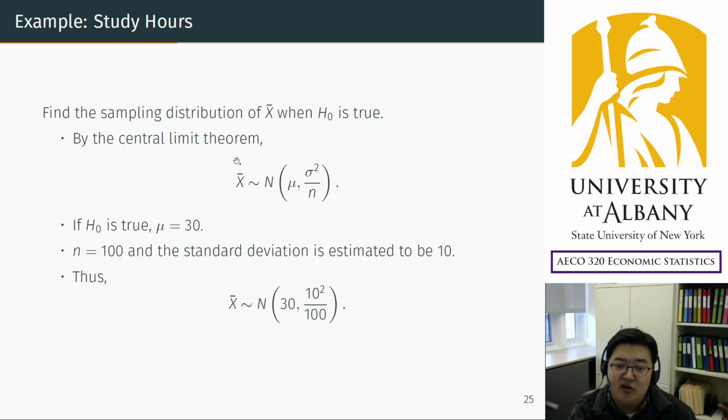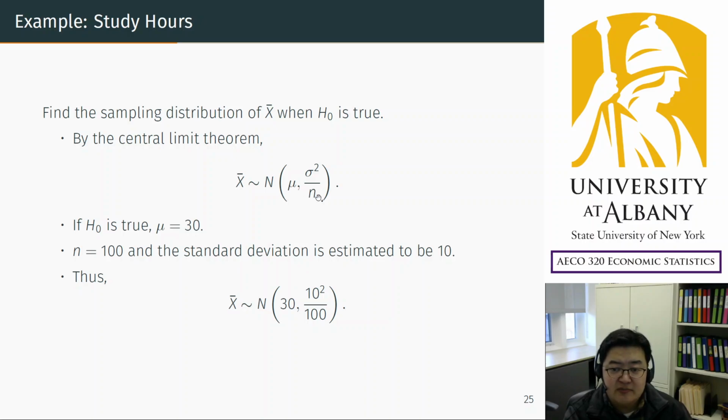And by the central limit theorem, I know that x bar, the sample average, follows an approximately normal distribution with parameters mu and sigma squared over n. We have done this many times in the previous chapters. And my hypothesis is telling that the mean is 30. I believe students spend 30 hours.